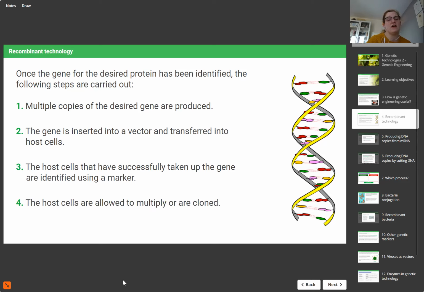And then the host cells are allowed to multiply, or they are then cloned. So that's a really, really basic overview. We're going to look at that in more detail in a bit, but that's just a really nice, simple overview. But we'll look at how we can actually make these DNA fragments in a bit more detail in a moment.